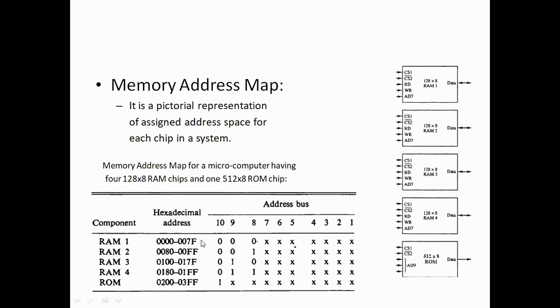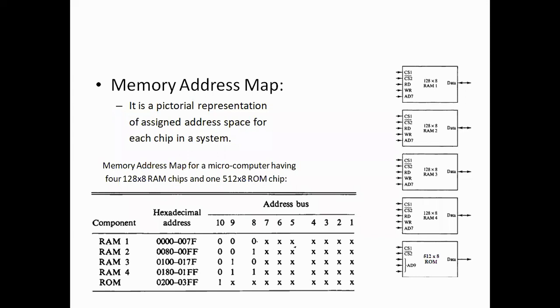Let us go to RAM1. RAM1 is of 128 into 8 size. 128 implies that there will be 7 address bus lines, so 1, 2, 3, 4, 5, 6, 7. So the first 7 bits of the CPU address will be the address bus of the first RAM. The address can be anything; we don't know what it is.